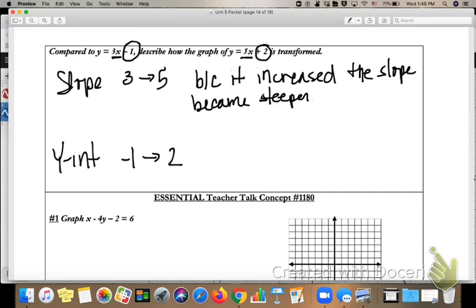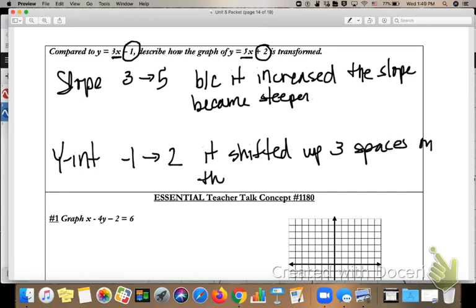It shifted up 3 spaces on the graph. So as a reflection, I would say this line became steeper and shifted 3 spaces up on the y-intercept.